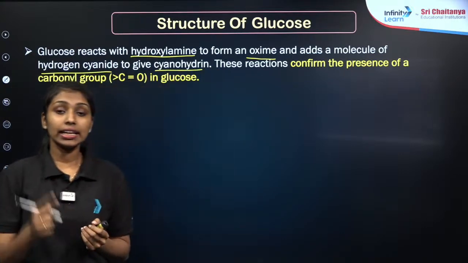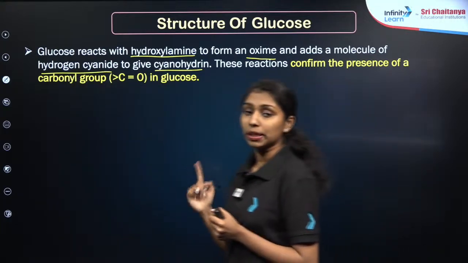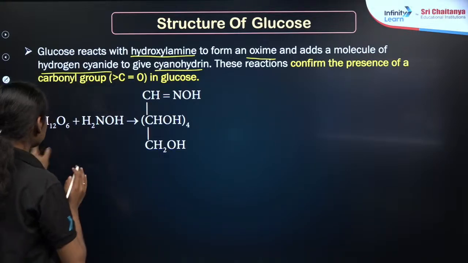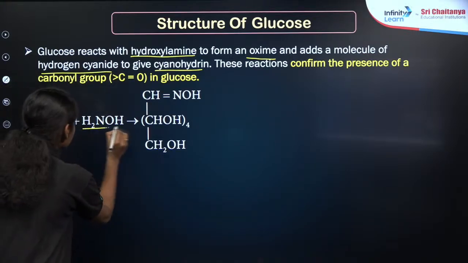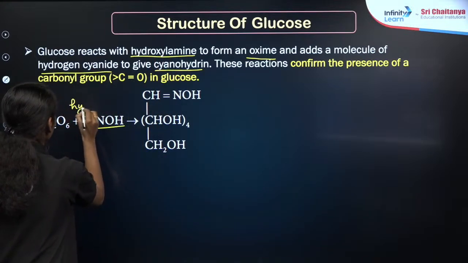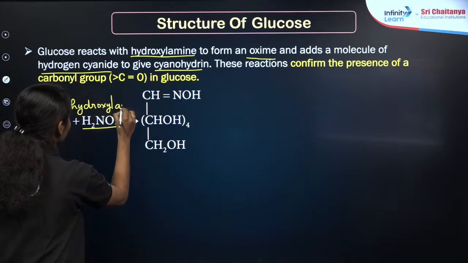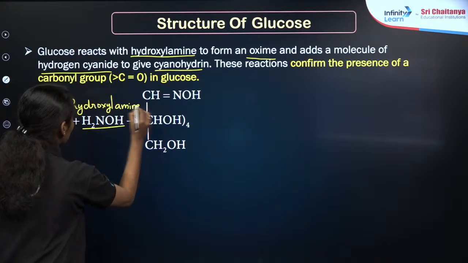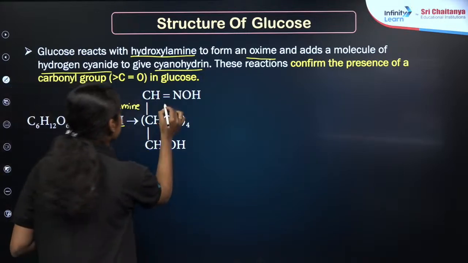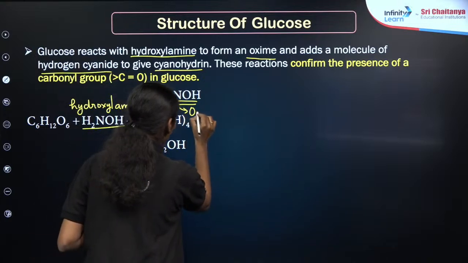This indicates that the glucose molecule must contain a carbonyl group, C double bond O. Let us see the reaction here. This is our glucose molecule, and NH2OH is known as hydroxylamine. When hydroxylamine reacts with glucose, it forms a molecule having CH double bond NOH, known as the oxime.